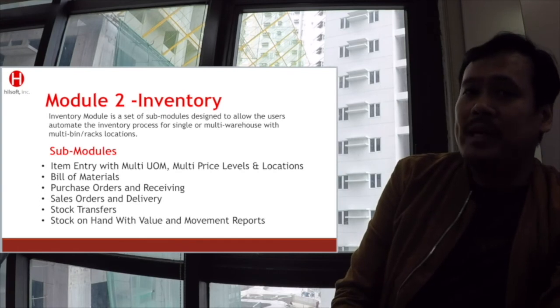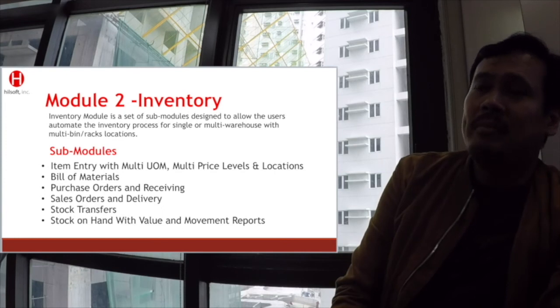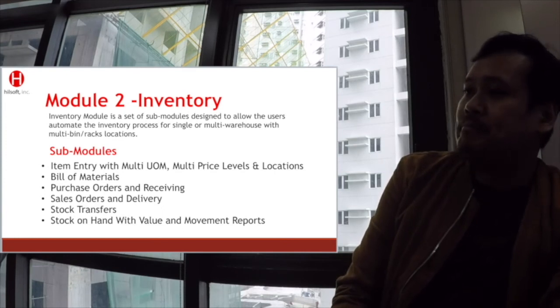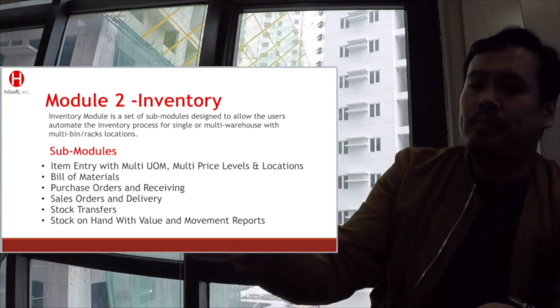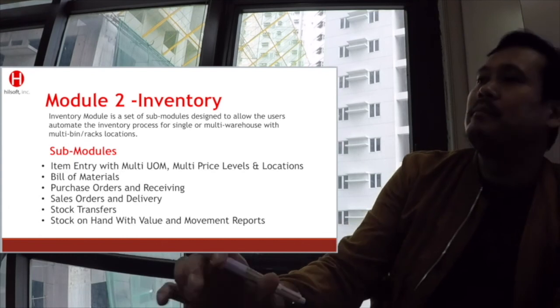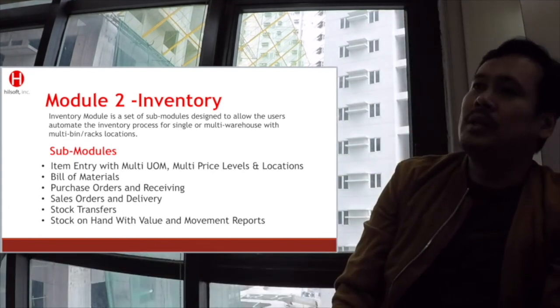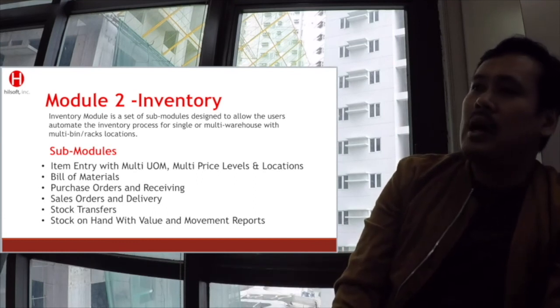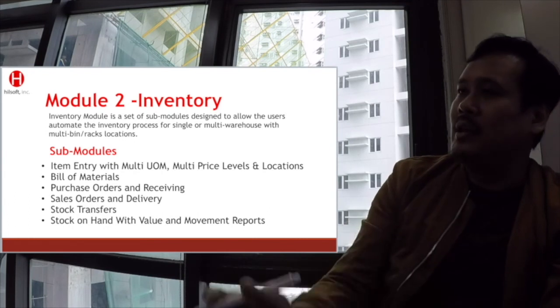Another objective is, like I said, for example, in manufacturing, you will define the bill of materials to produce these finished goods. Okay? Then you will forward it to the warehouse so that the warehouse knows how much raw materials will I issue for this particular job order.